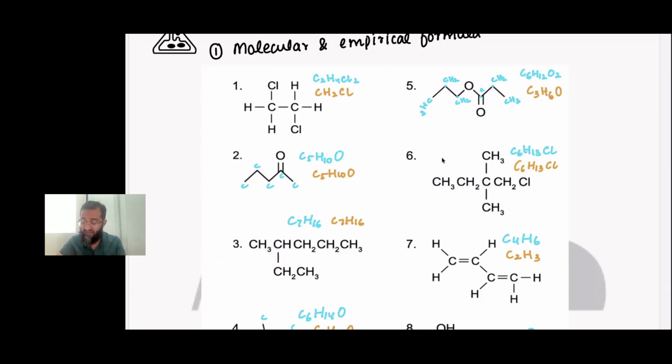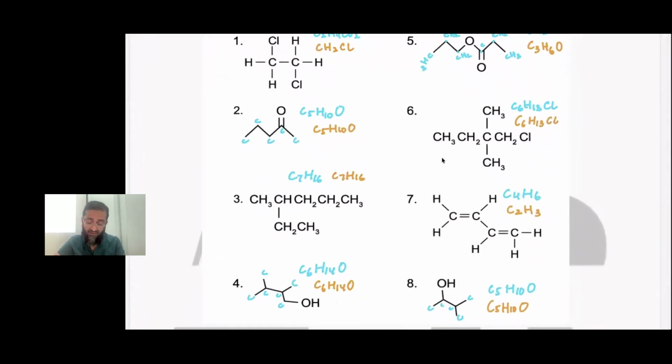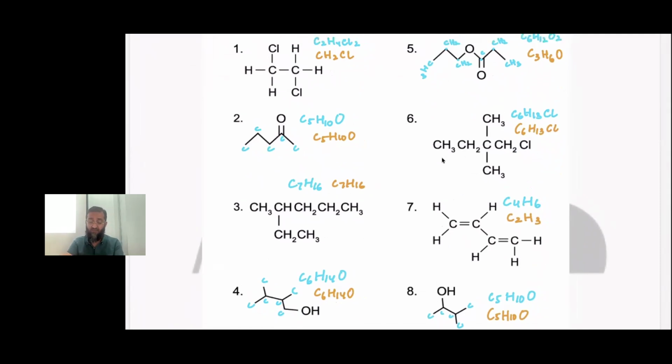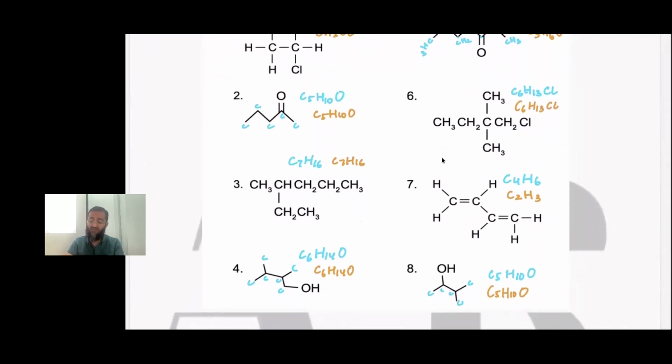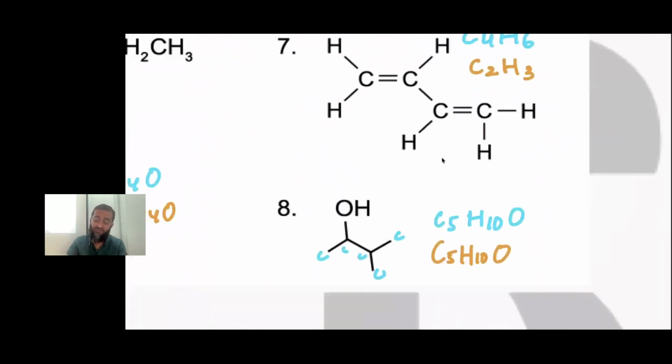So C6H13Cl. Then C7H16, C4H6, so C2H3, very good. C6H14O and C5H10O. You did it. The eighth one is wrong. The eighth one is C5H12O.